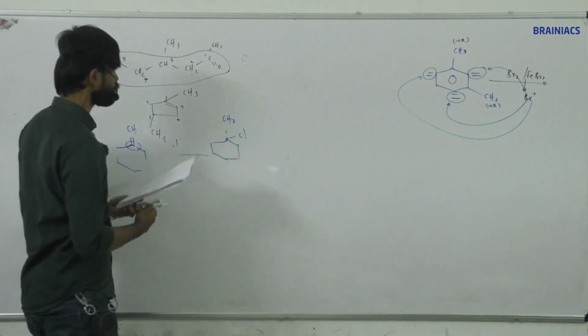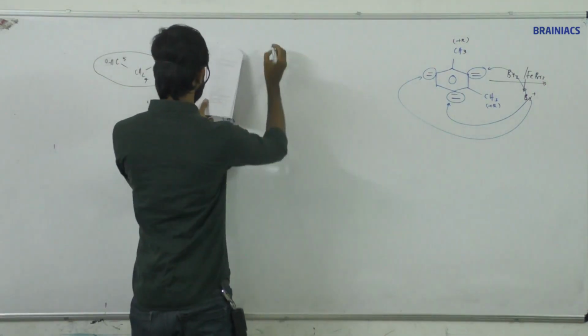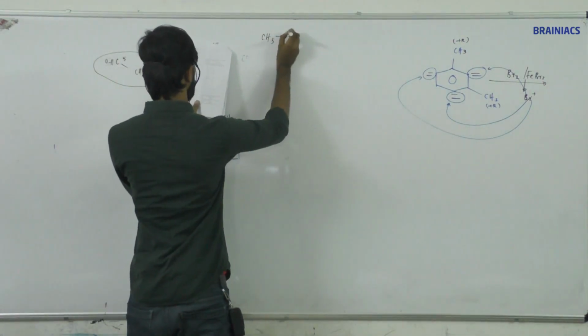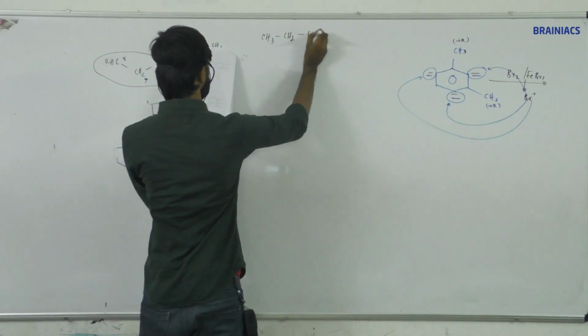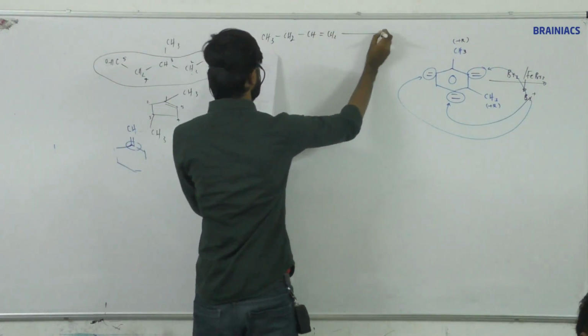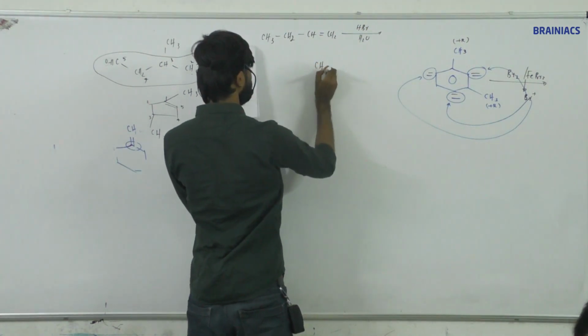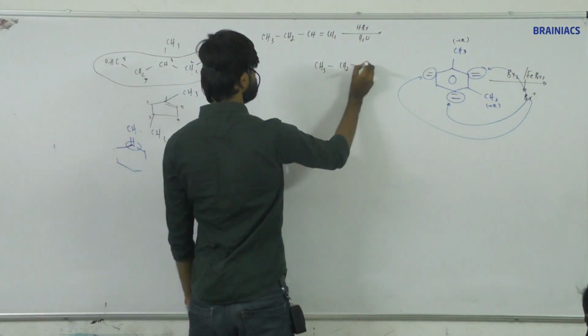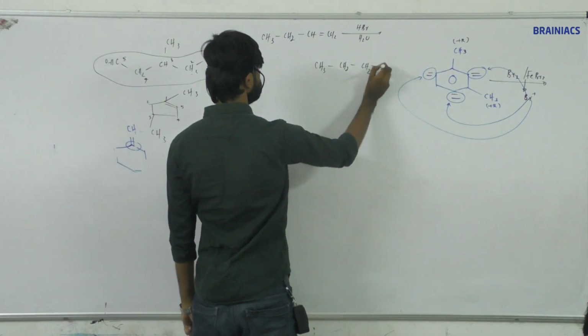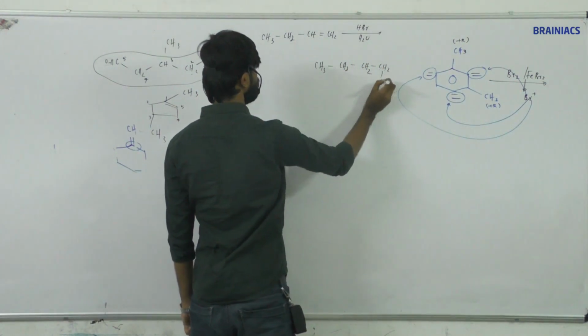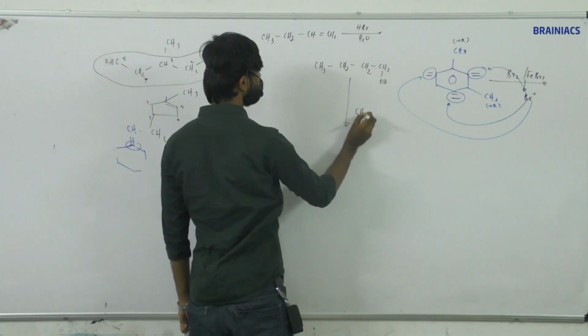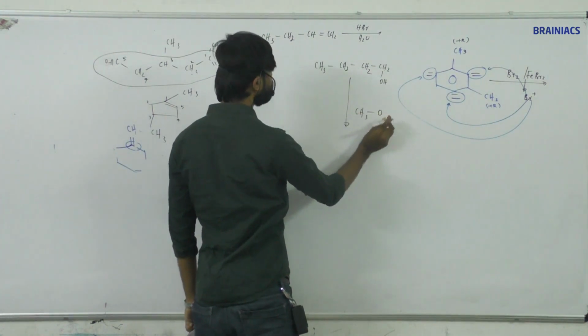So what about the sequence? What about the reactant? That is but-1-ene, which on HBr, H2O2, anti-Markovnikov, the product will be CH3CH2CH2CH2Br. Which one treatment is the sodium alkoxide? Sodium alkoxide means Williamson synthesis.